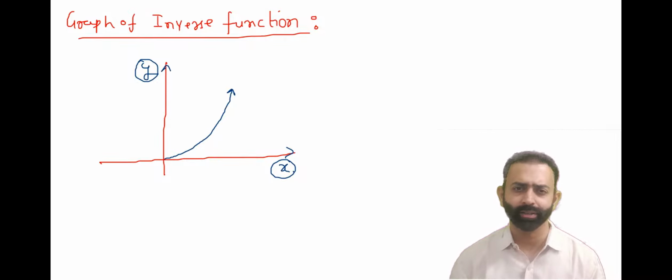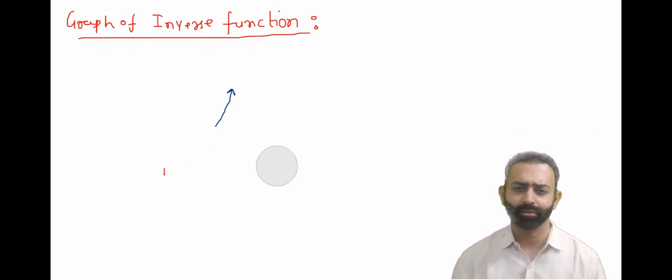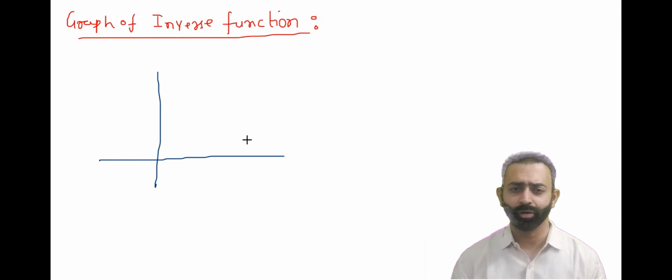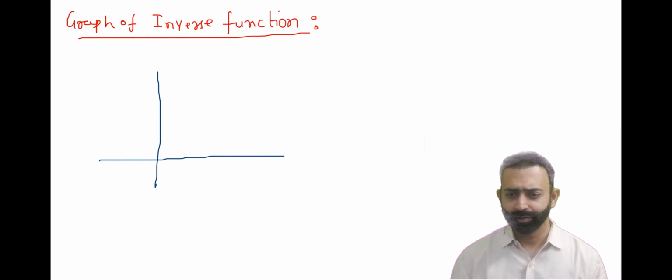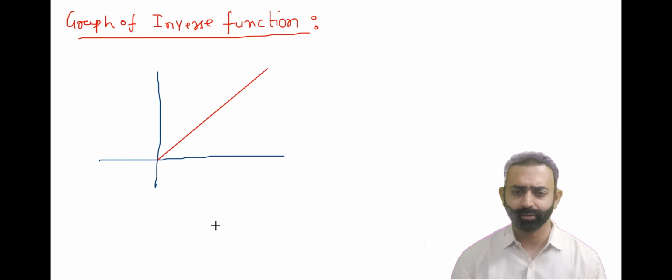What I mean by this is, in order to understand interchanging x and y, what is the graphical interpretation of interchanging any coordinate? And this is a proven fact. You can also prove this, that if there is a straight line, y is equal to x, and there is a triangle like this.